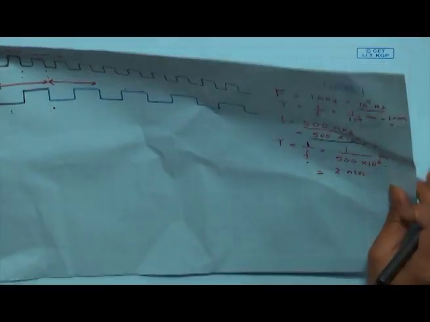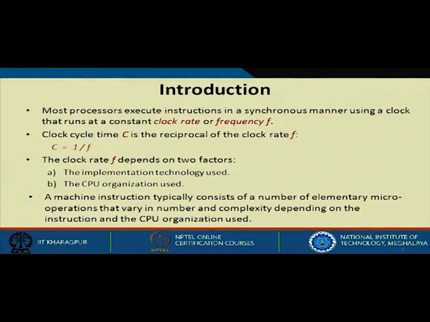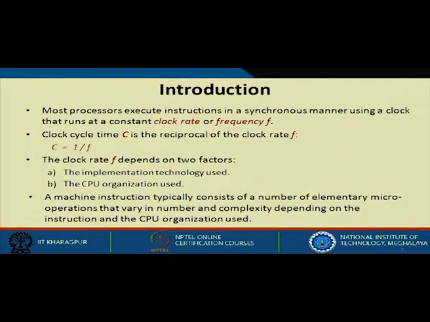So, now we know how we can relate clock frequency with clock period. Both are related. Next, we see on what factors this clock rate depends. There are two important factors on which this clock rate depends.